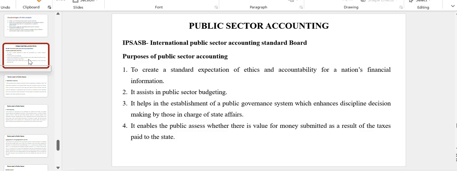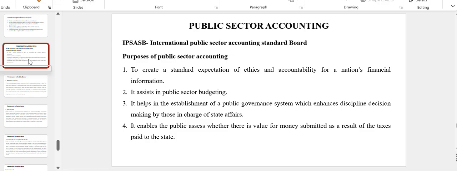We call this value for money. So those are 2 points, value for money and accountability. And for us to ensure this accountability, we need to ensure that every accountant in the public sector complies with the provisions of the International Public Sector Accounting Standards.